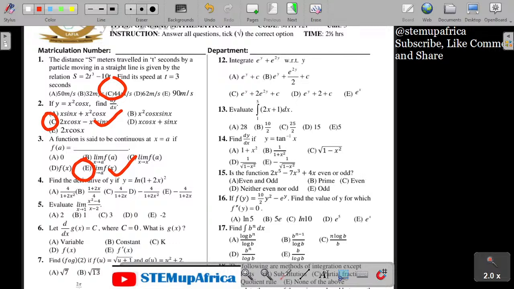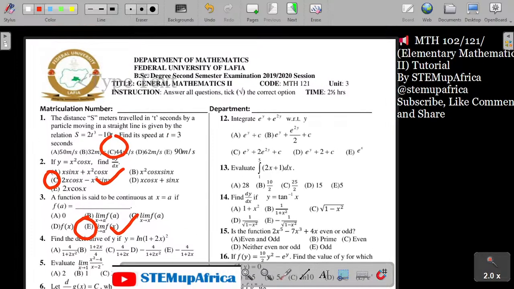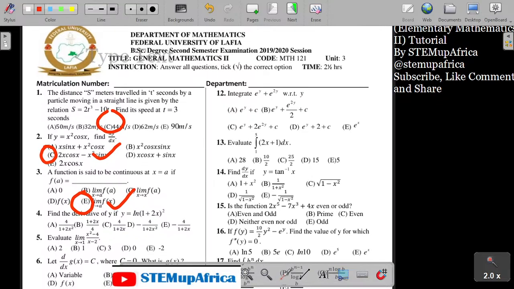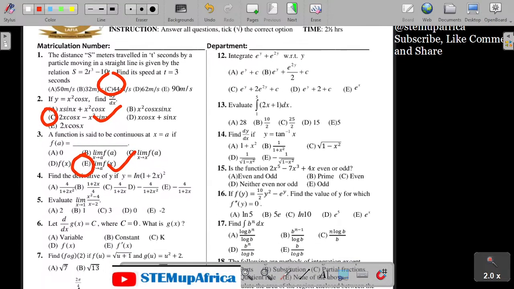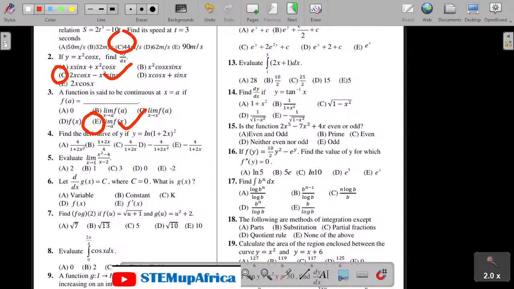That's what we are doing here. We are using questions from a Federal University as a sample, which cover every school. If you are doing differentiation and integration, the course content is the same. So let's go to question 4.